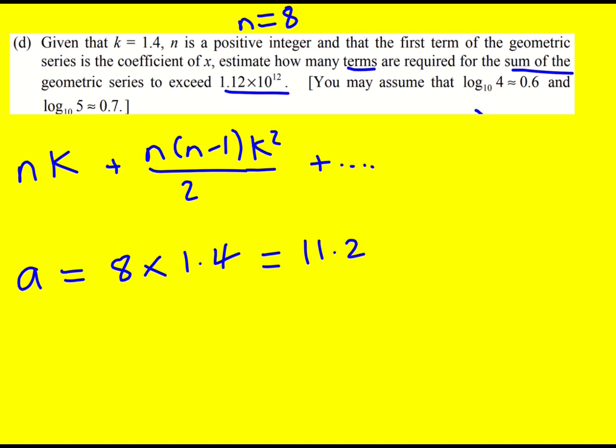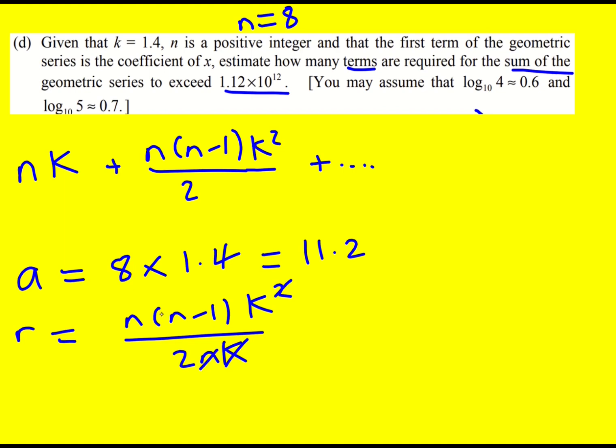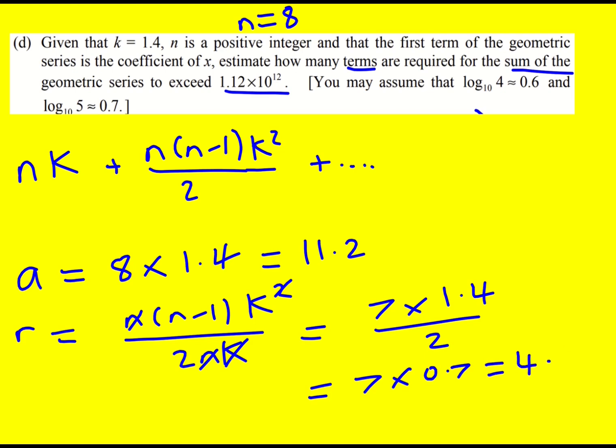And then r is going to be these two divided. So this k cancels, this n cancels. And it's going to be 7 times 1.4 over 2, which is the same as 7 times 0.7, which is 4.9.